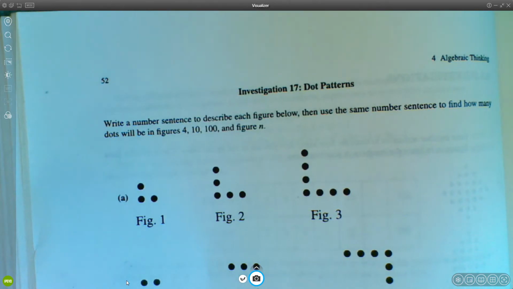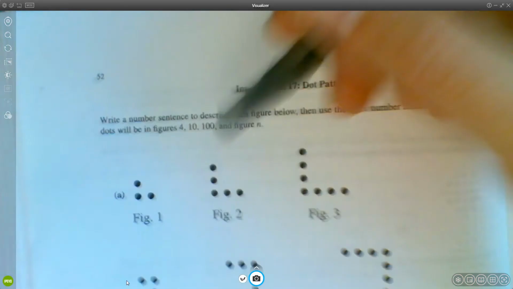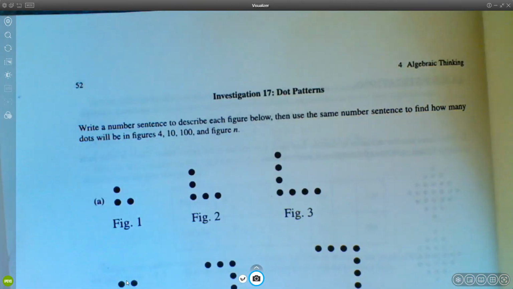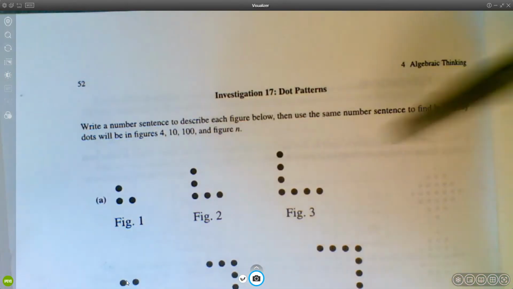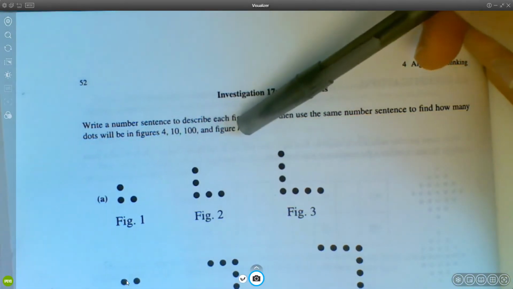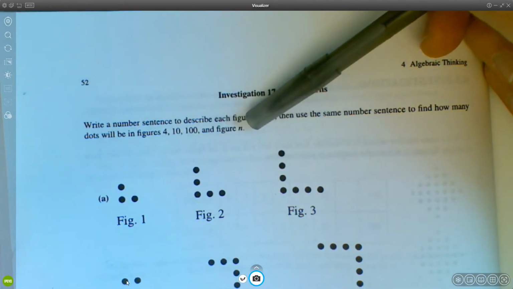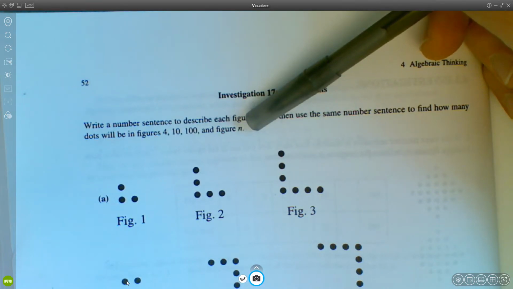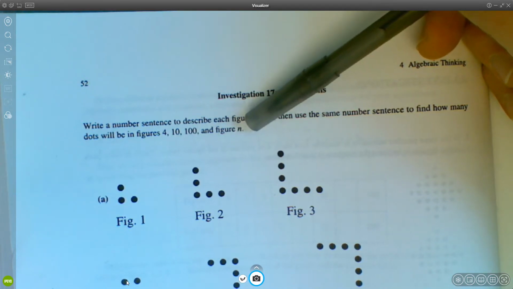But then figure 100, whew, you're going to be here all day counting odd numbers, right? And even if you figure out how many dots are going to be in figure 100 just by counting, that still doesn't help you figure out what figure n is, right? Like how do you figure out how to describe the number of dots in figure n more generally, right?